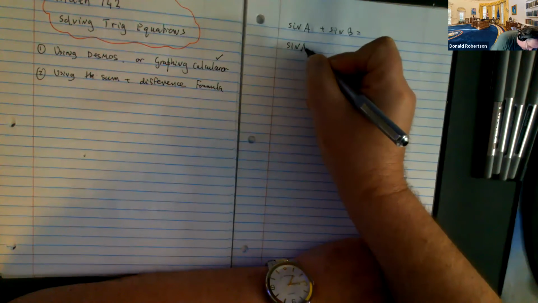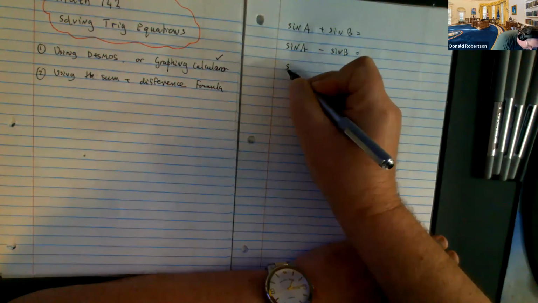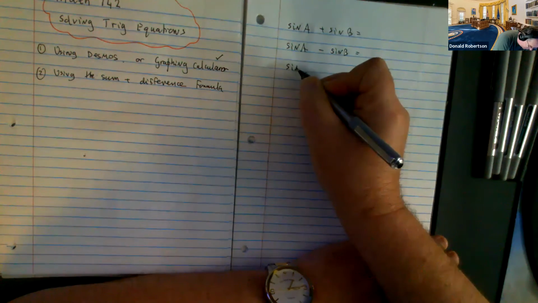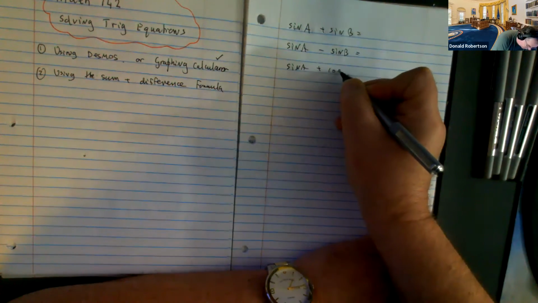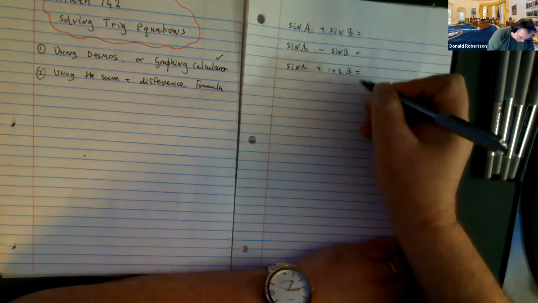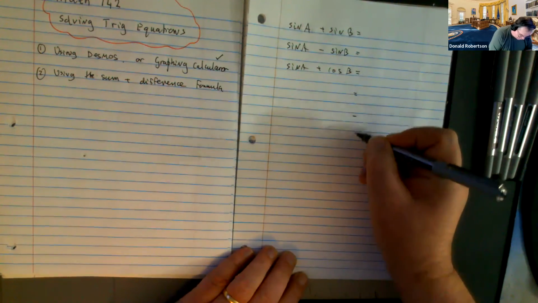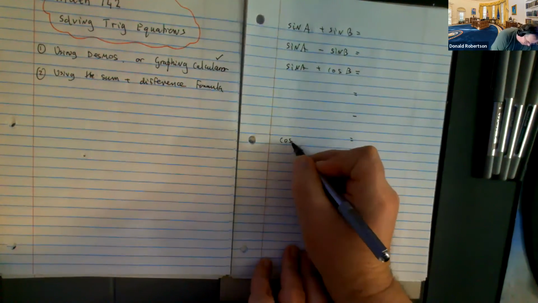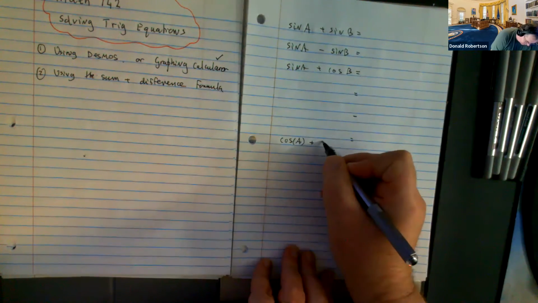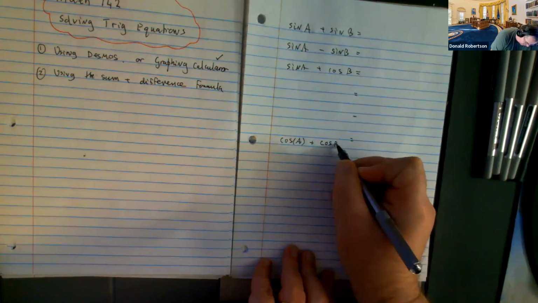So we want to do the sine of A plus the sine of B, the sine of A take away the sine of B, the sine of A plus the cosine of B, and so on and so forth. For instance, you might want to do a cosine of A plus the cosine of B.